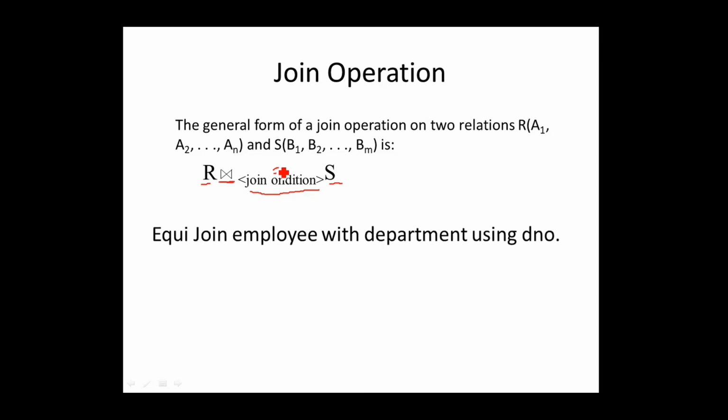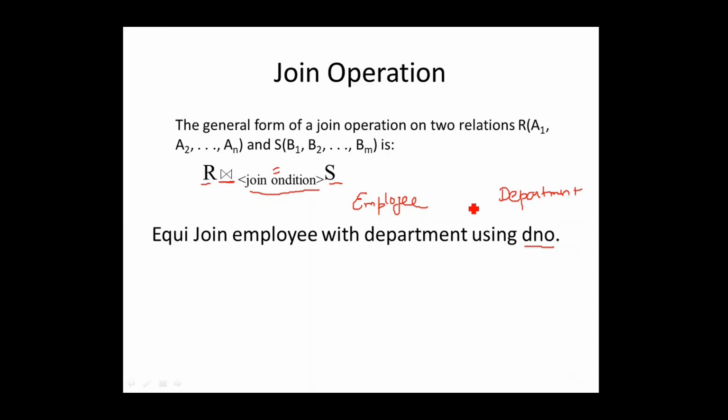So let's take an example. Equi-join employee with department using department number. So we have the employee table and the department table. The foreign key in the employee table is department number, and department number is a primary key in the department table. Which two tables are we going to join? It's going to be employee, and the other table we are going to join is department.